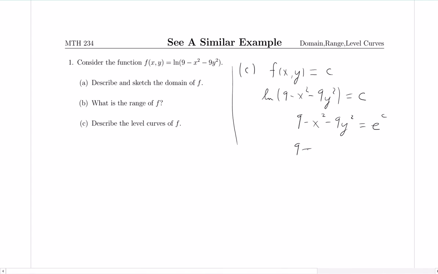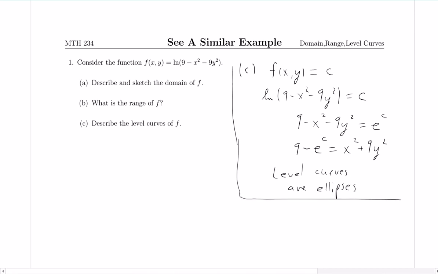So we'll get something like this: 9 minus e to the c equals x squared plus 9y squared. And then you'll recognize this as the standard form of an equation for an ellipse. So level curves are ellipses. Right, because we have something times x squared plus something times y squared equals a constant.